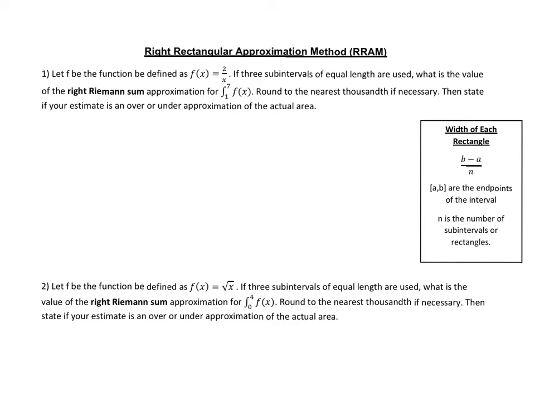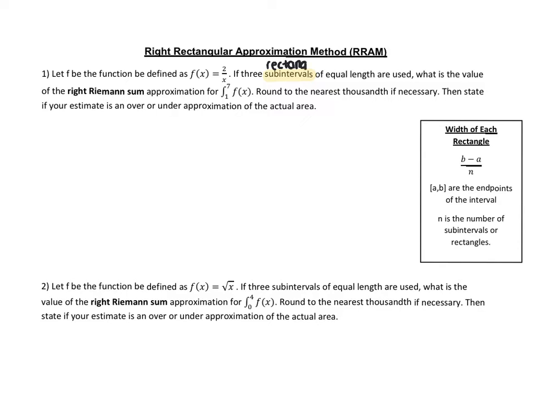So here we have a function. Let f be the function f of x equals 2 over x. They're saying if 3 subintervals of equal length are used. Now, anytime they say the word subinterval, they're talking about the number of rectangles. So you could write 3 rectangles if you'd like.